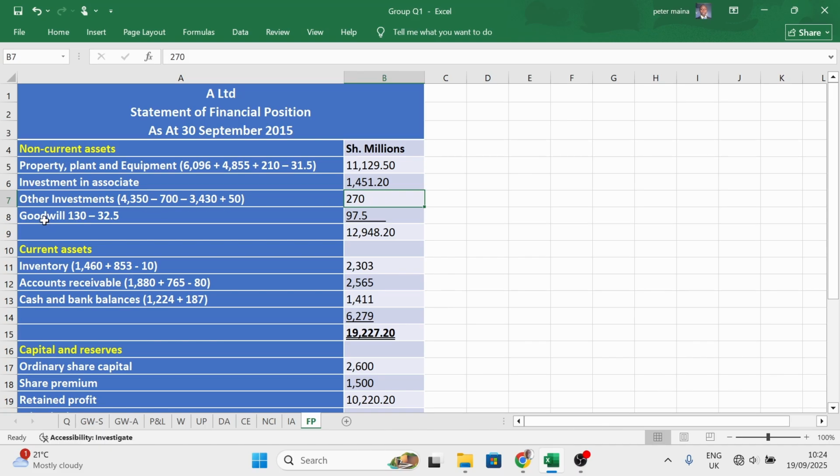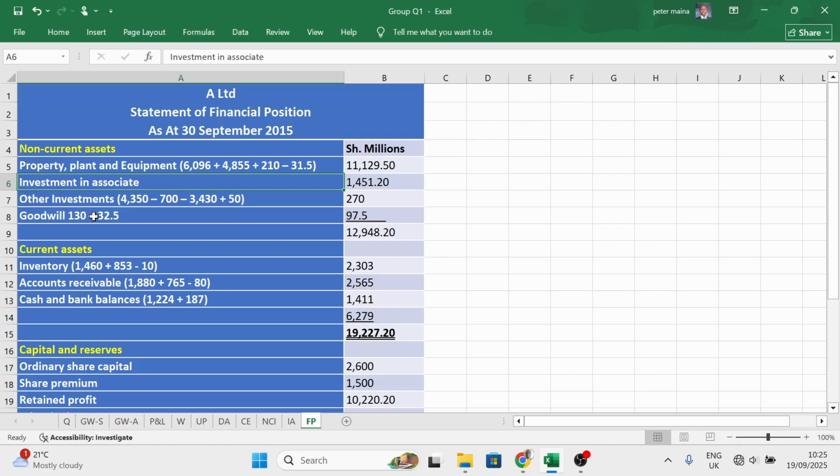And then the goodwill. This is the goodwill for the subsidiary only. We do not show the goodwill in associate in its own separate line, or even combine it with this one of the subsidiary, because it has already been reflected in this figure of investment in associate.